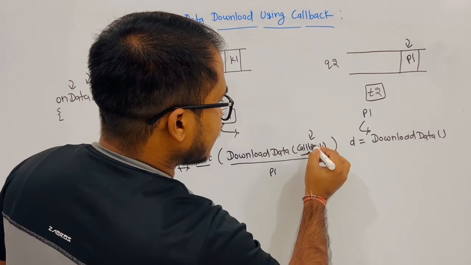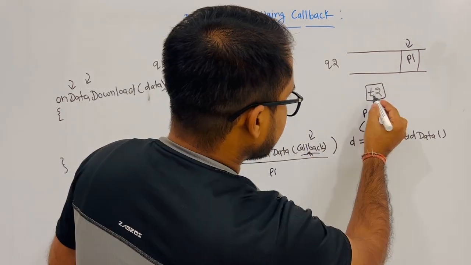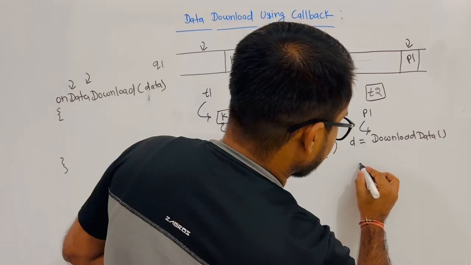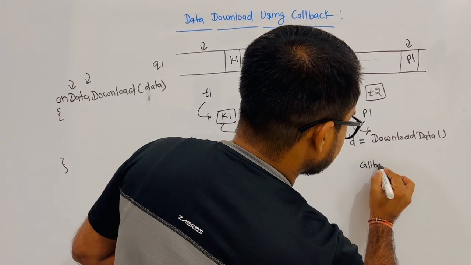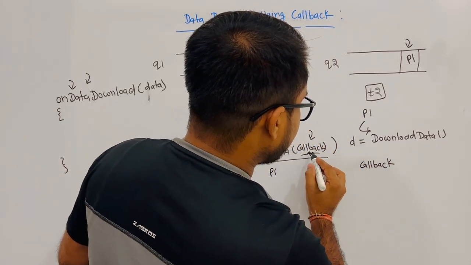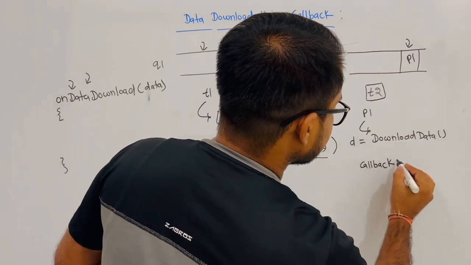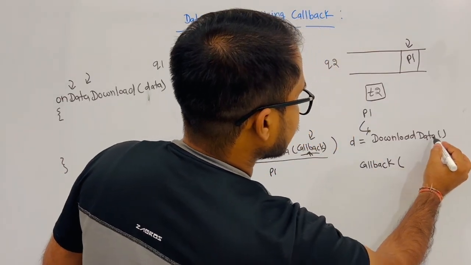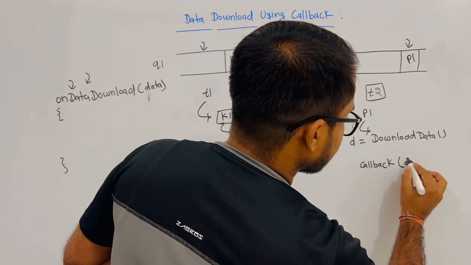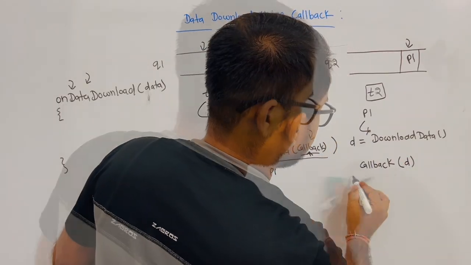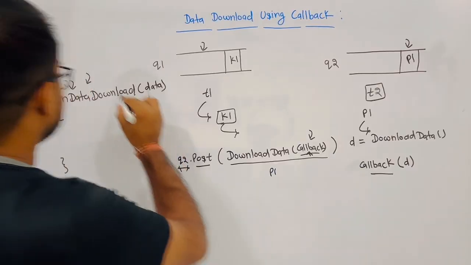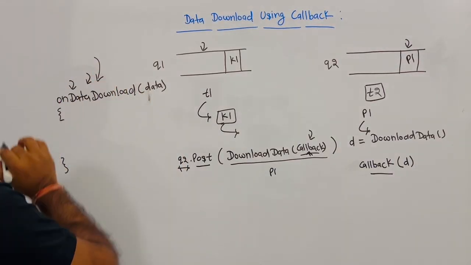Now this particular thread T2 has access to this callback. Now T2 will execute this callback, and this callback takes one argument, which is whatever data has been downloaded using this particular call. So this is how this particular function will get called.